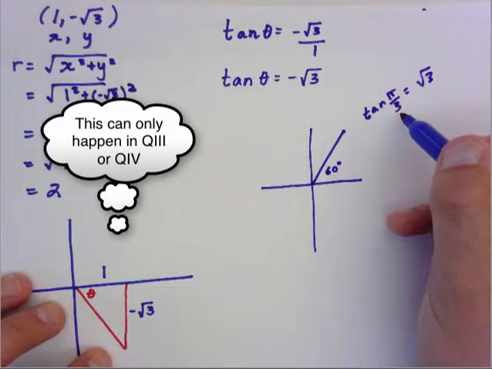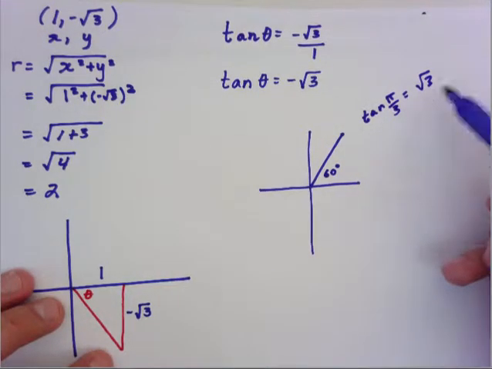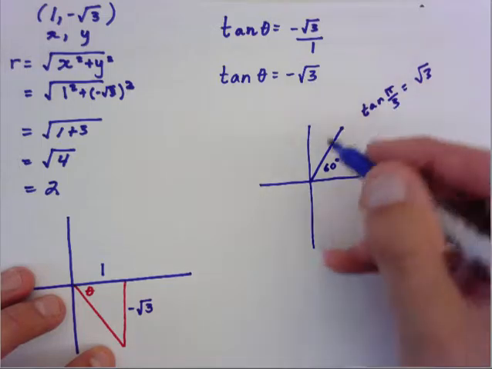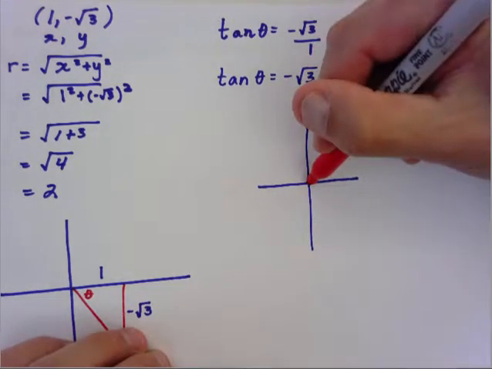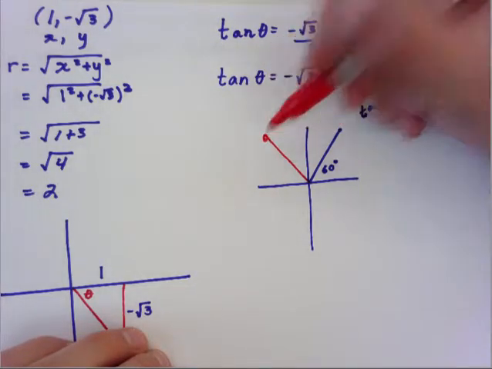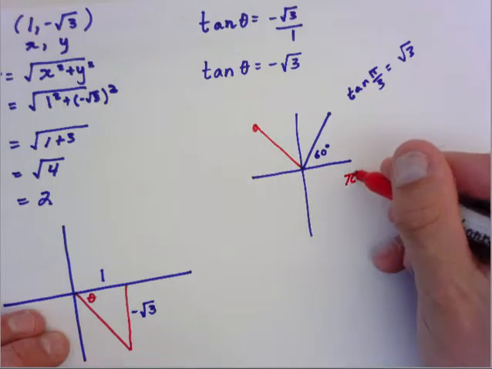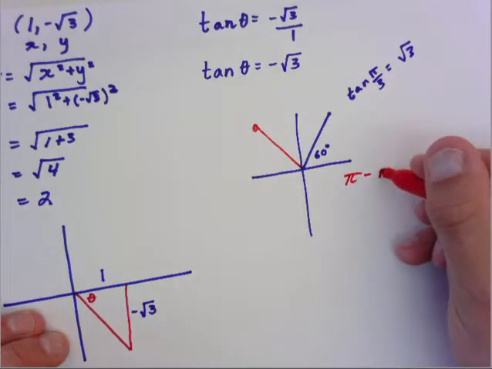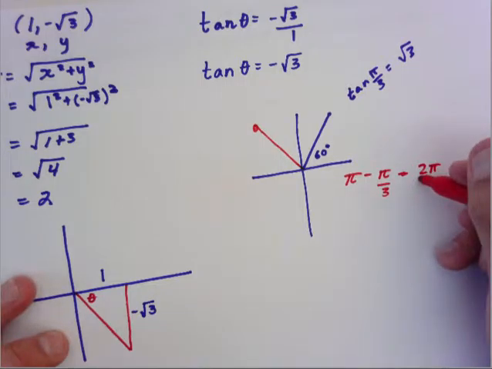So we have pi over 3 here, and now we can find where we get a negative tangent in the second quadrant, so over here. We can do that by taking pi minus pi over 3, which equals 2 pi over 3.